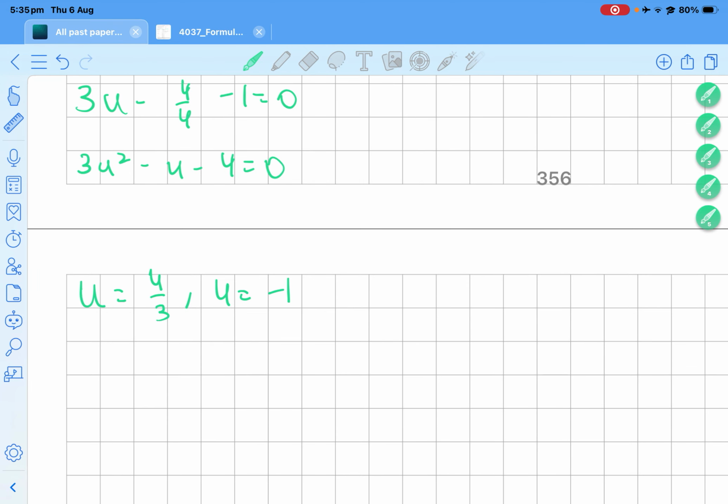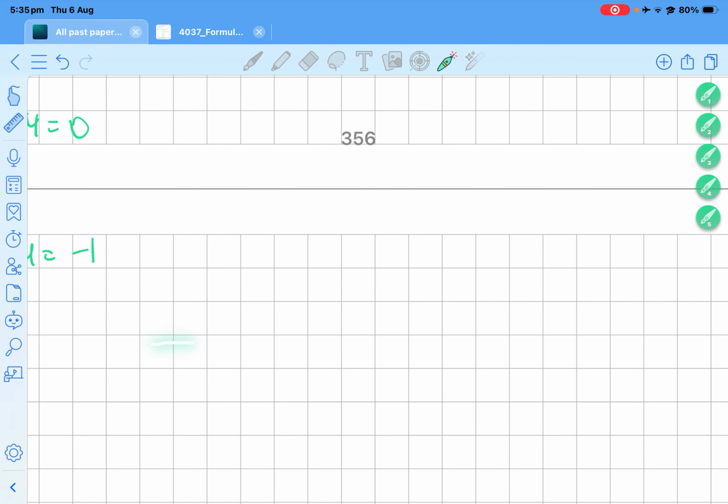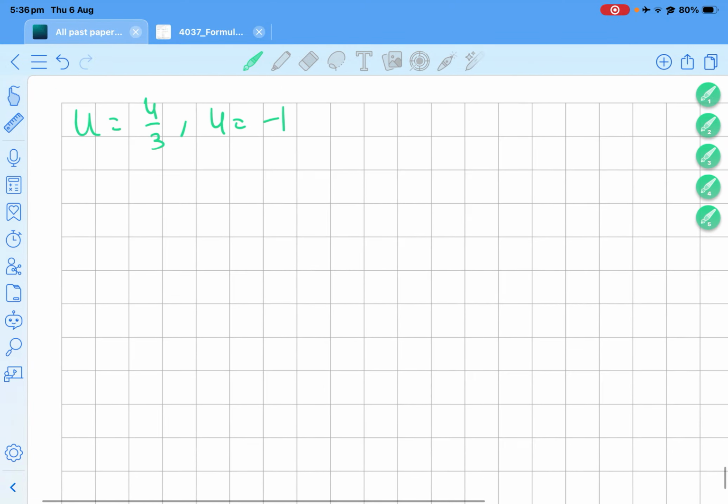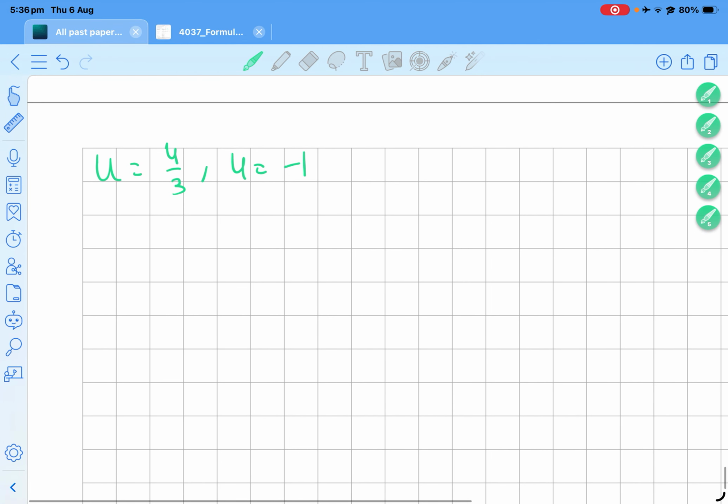Now if you sketch out e to the 2t, it looks somewhat like this. This is the y-axis and this is the x-axis. So y equals 0 is the asymptote. e to the 2t can't go any lower than this. This is true for e to the kx, where x is any variable and k is any constant greater than 0. So for u, e to the 2t must equal 4 over 3, so t must equal half ln 4 over 3.